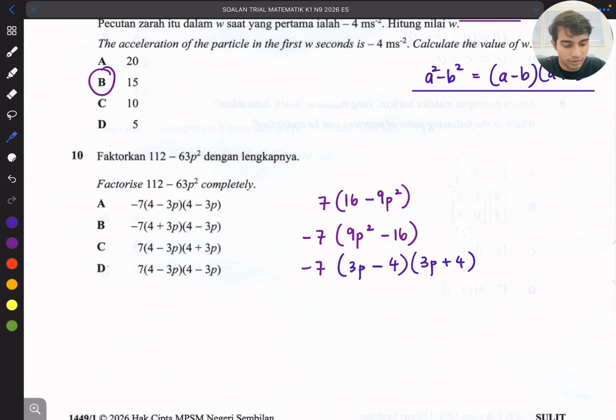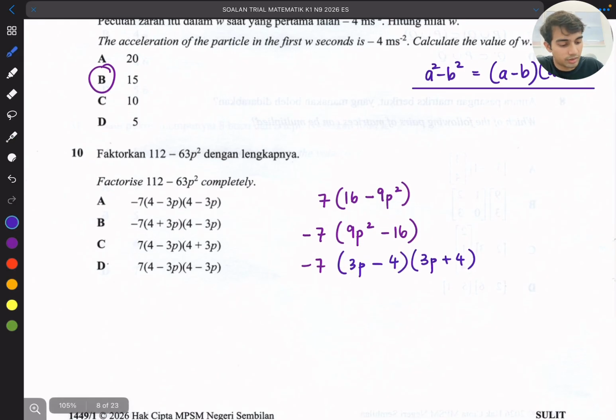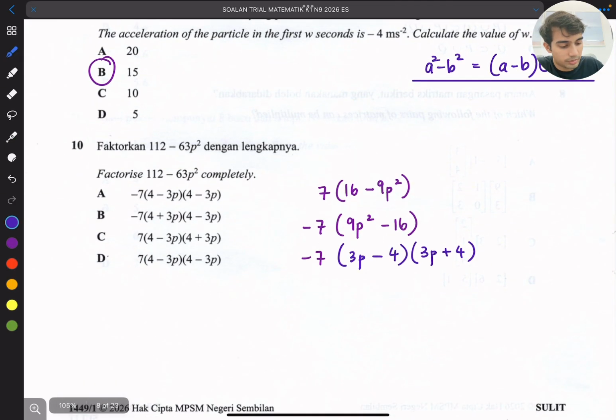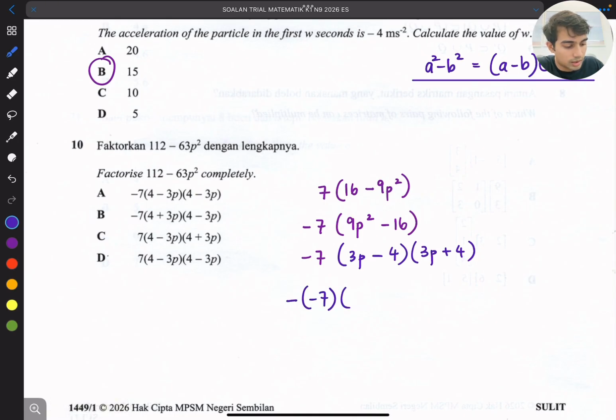Got it or not? Negative 7, don't have. Okay, so here the p's are at the back. So what we can do is, we can swap it. So this whole thing we can times negative. Basically you can bring out the negative. So negative 7, this will become 4 minus 3p.